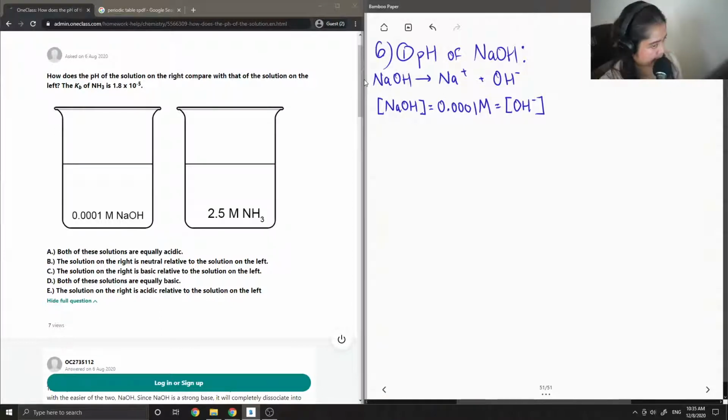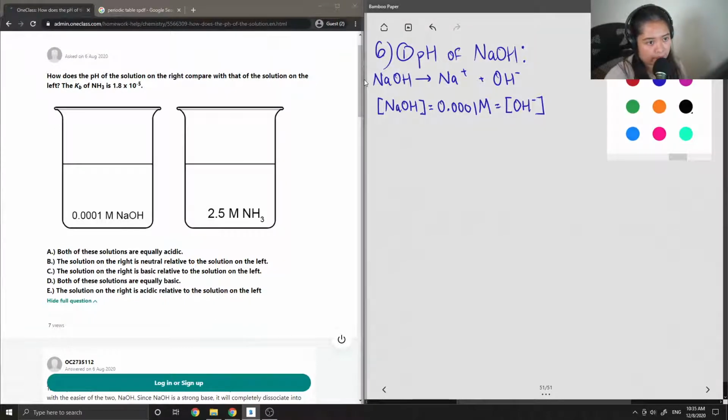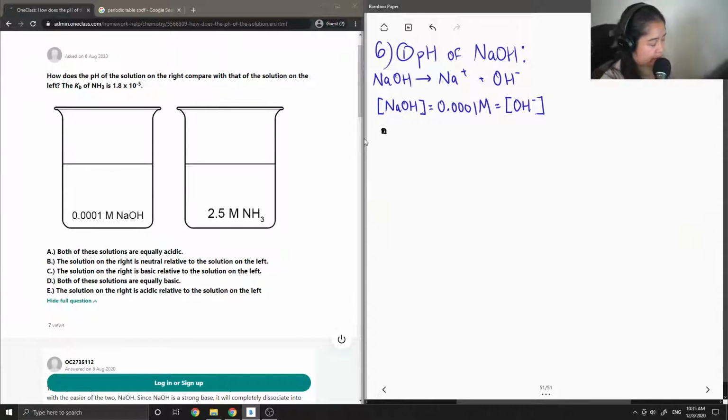So it helps to know the concentration of your OH minus ion because it will help us find the concentration of H3O plus, which helps us find the pH. So let's recall that Kw is equal to the concentration of H3O plus times the concentration of OH minus.